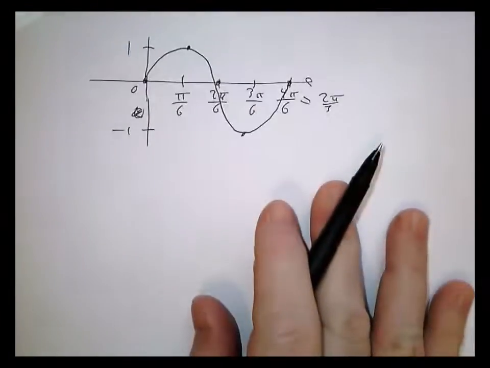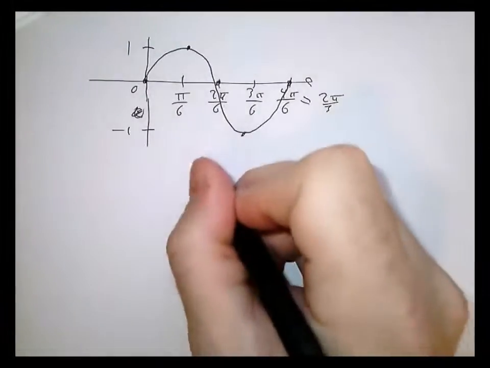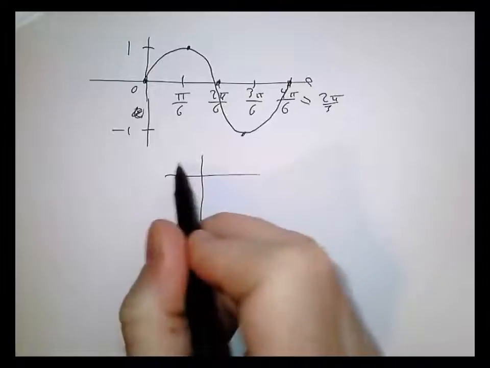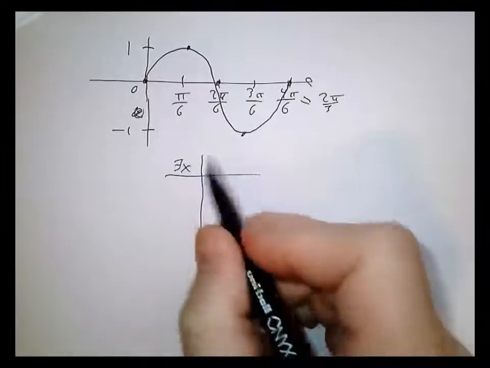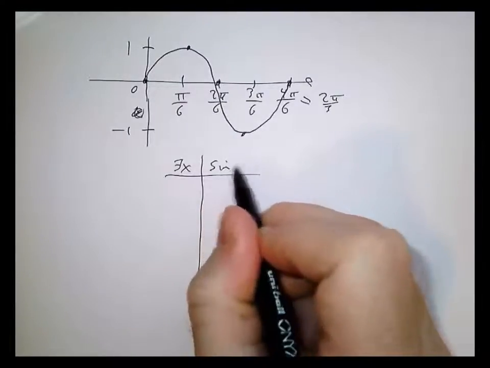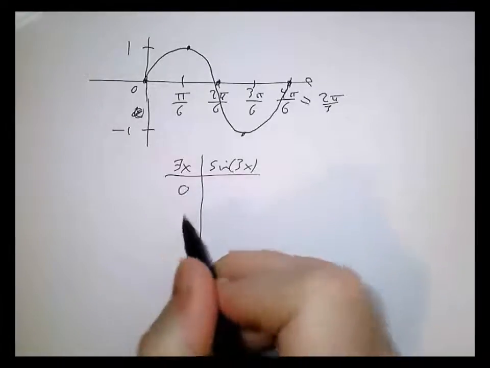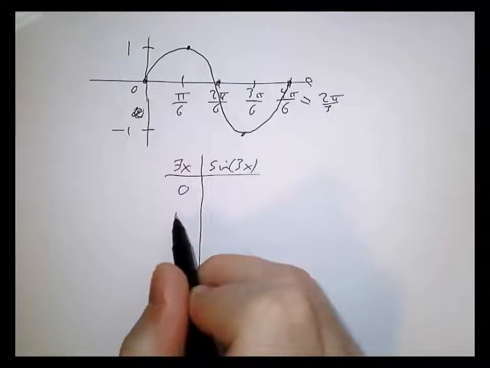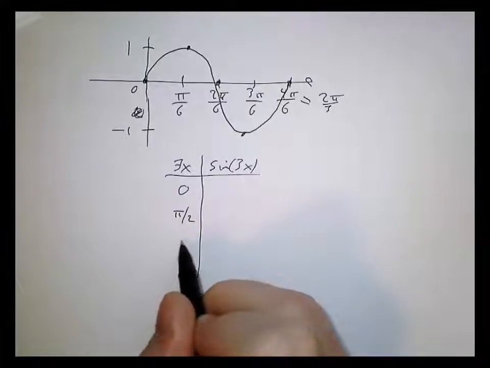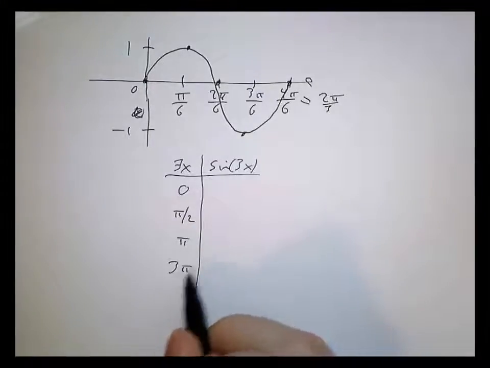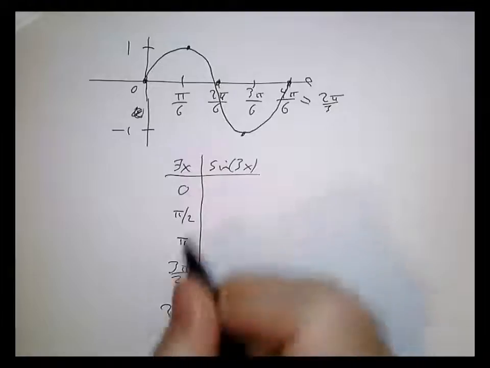to give me the same y values. Again, if I want to think in terms of a table, I can. So here would be 3x, and then here would be sine of 3x. Well, I know what this table looks like. This would be 0, pi over 2, pi, 3 pi over 2, 2 pi.